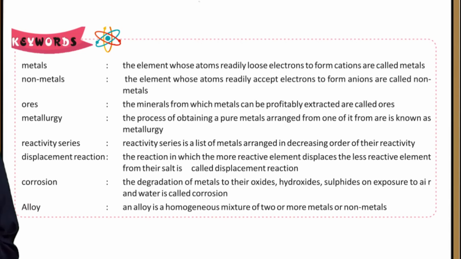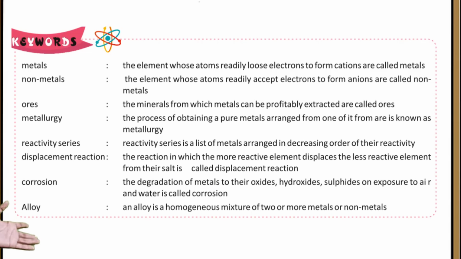The minerals from which metal can be profitably extracted are called ores. The process of obtaining a pure metal from its ore is known as metallurgy. Reactivity series is a list of metals arranged in decreasing order of their reactivity.